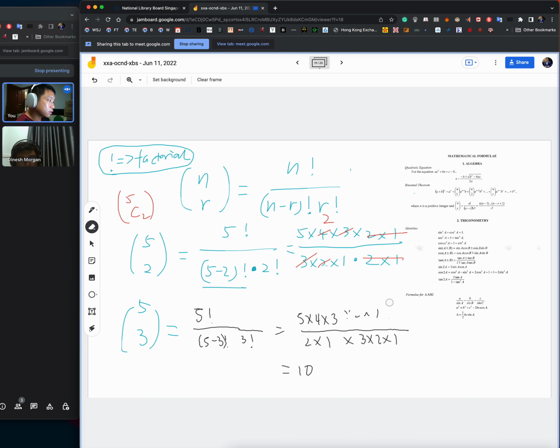So you cancel this, then you cancel this. Then the 4 and the 2, you get 10. If you need to do it manually. So with 5 choose 2 and 5 choose 3, I have demonstrated how you can make use of this formula to solve questions. Sometimes they might say without the use of a calculator. Then you know what to do already.